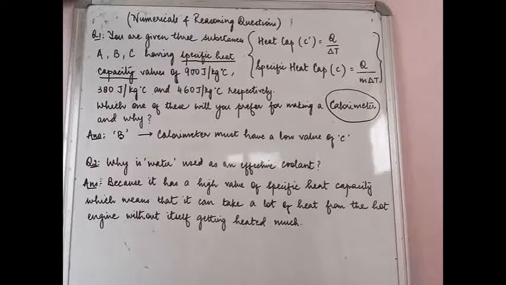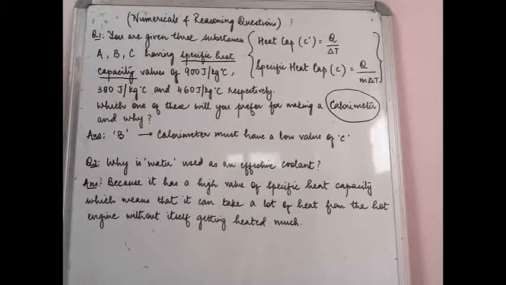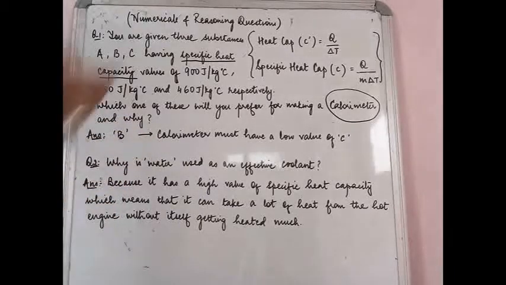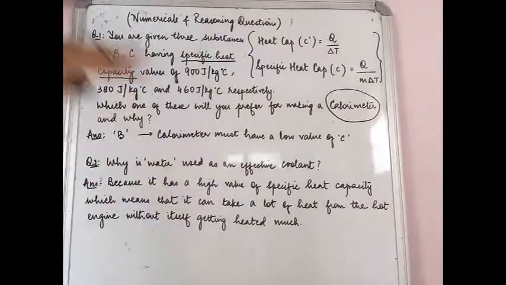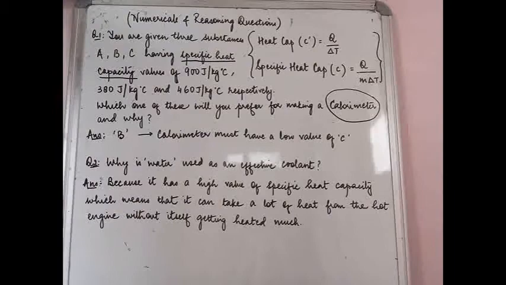So now we all know that a calorimeter, in this process of allowing the heat to transfer from the hot body to the cold body, the material of the calorimeter is also in constant touch with the bodies, the hot body as well as the cold body, because eventually you pour the hot body also into the calorimeter and you pour the cold liquid also in the same calorimeter.